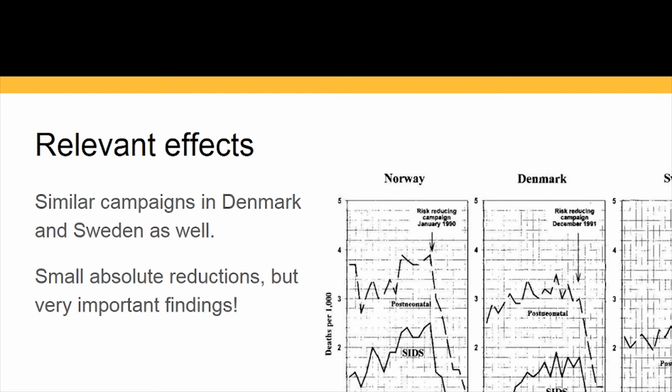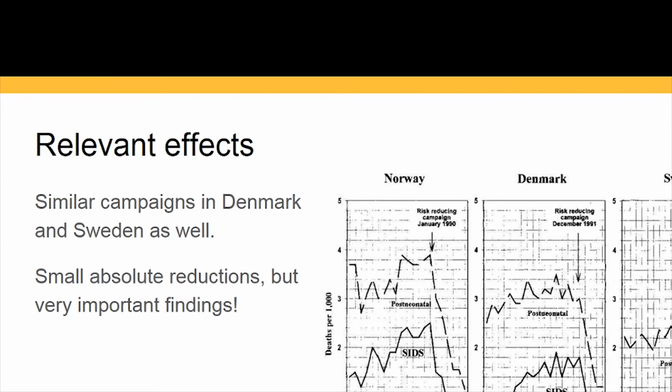So you see the Swedes were always lower than the Norwegians for some reason, even before they started this risk reducing campaign. The arrows point at the start of the risk reducing campaign. So this was January 1990 in Norway, like I said, December 1991 in Denmark, and spring 1992 in Sweden.